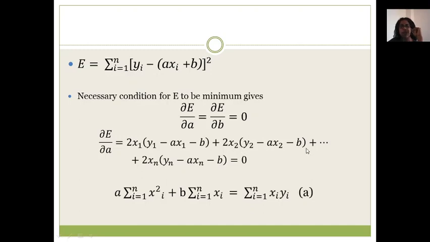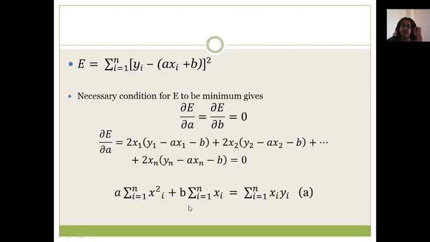Do it yourself and make sure you are getting this equation. ∂E/∂a is equal to 2x1(y1 - ax1 - b) plus etc., up to the nth term, 2xn(yn - axn - b), equal to 0.